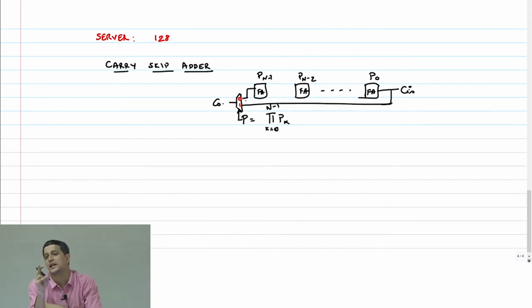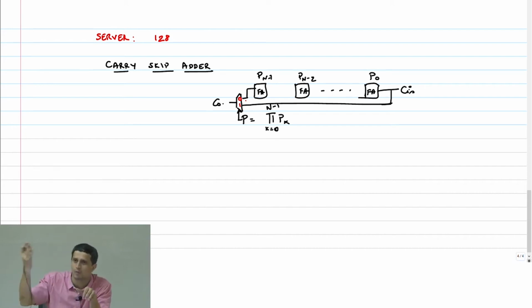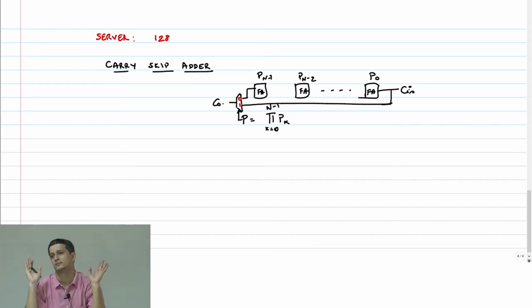Which means that the carry is being generated somewhere in between, or the carry is being killed somewhere in between, and therefore you have to wait for the carry to propagate from there. Right? But if P happens to be 1, then C out is simply equal to C in. This way, all I am doing is, I am not saying that this adder is unconditionally faster. That worst case delay I have reduced.